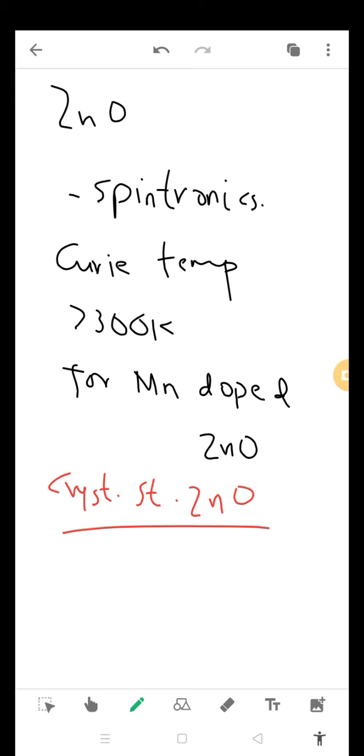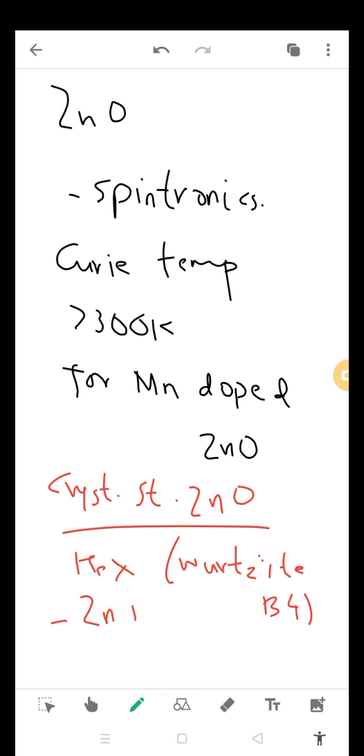It actually varies from hexagonal, which is basically wurtzite, called B4, to zinc blende called B3, and also rock salt structure, called B1.